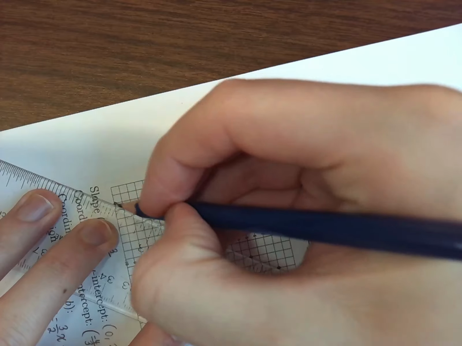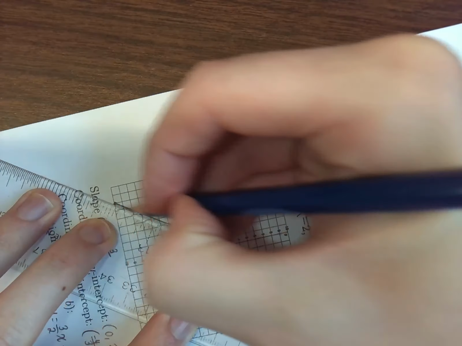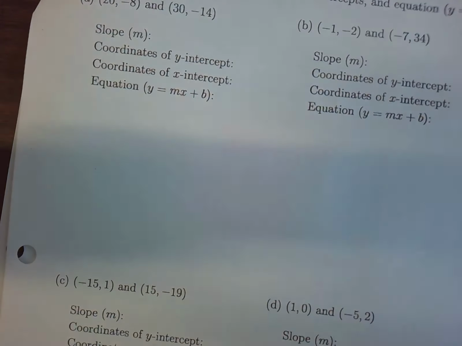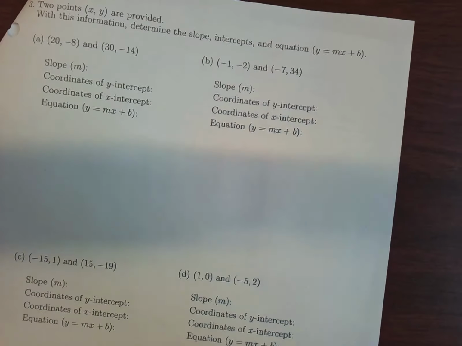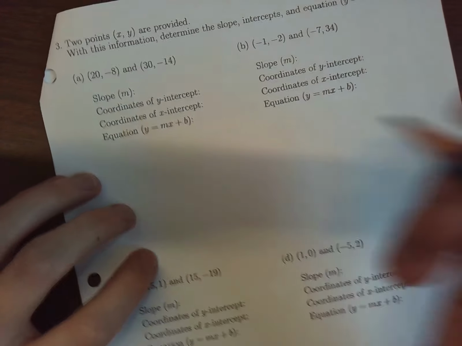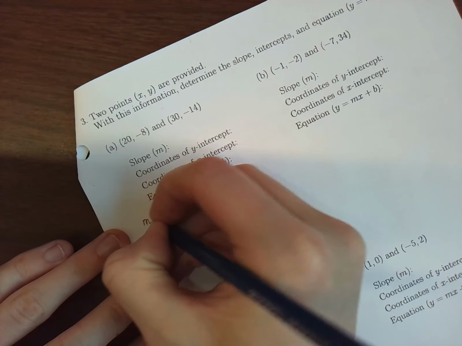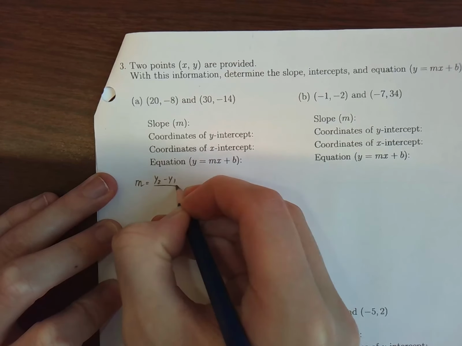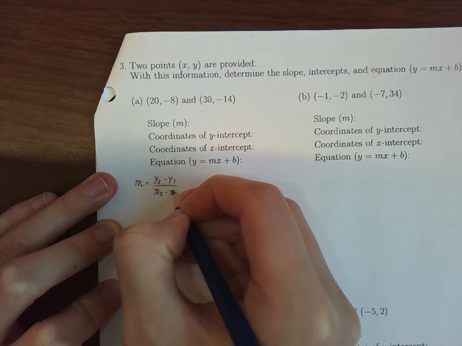So there we go. Nice. Okay, that was everything. I think that was everything on that page. Okay, so this is a lot of the same. Basically, what we're going to do is slope equals y2 minus y1 over x2 minus x1.